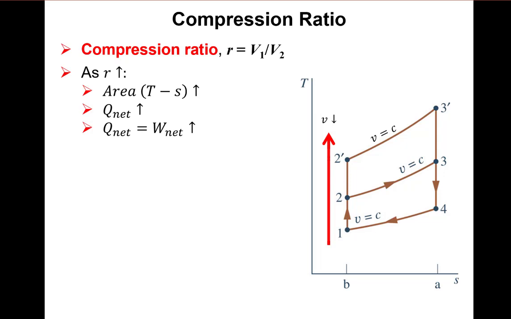But the downside is I'll have to burn more fuel, because I need more heat. So that's basically what the compression ratio tells us. And this is kind of the engineering thing: there's a trade-off. You can have a Toyota Corolla, or if you have enough money, you can have a Bugatti, and they're at different operating parameters.